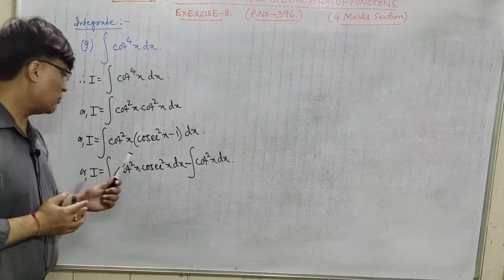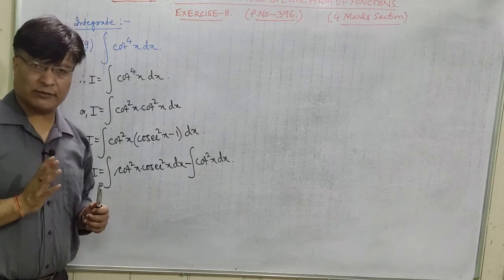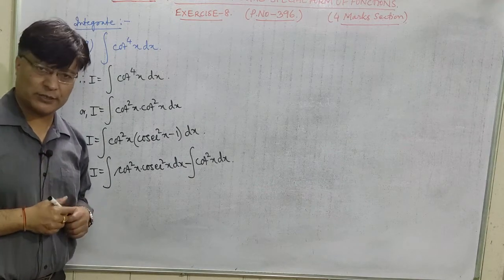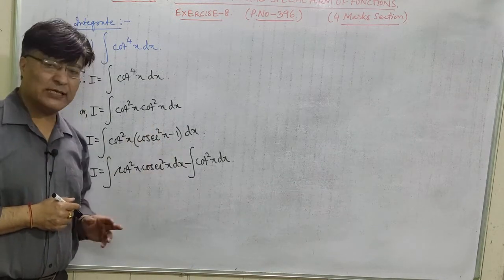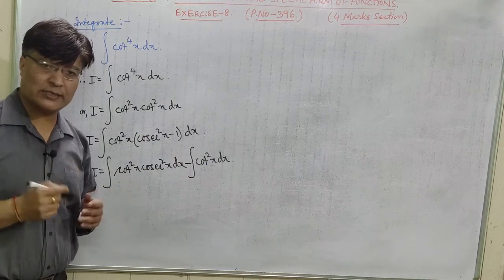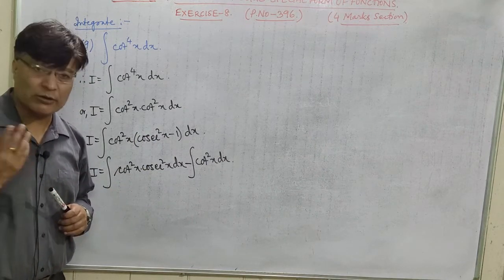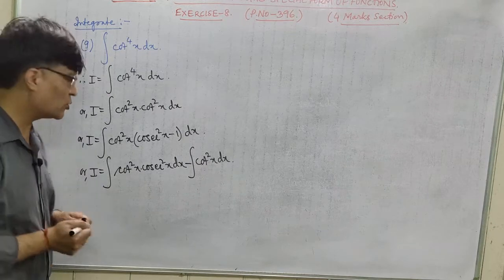Now you can easily evaluate the first integration by the method of substitution. For the second integration, let us change cot square x in terms of cosec square x minus 1, because you know the integration of cosec square x.